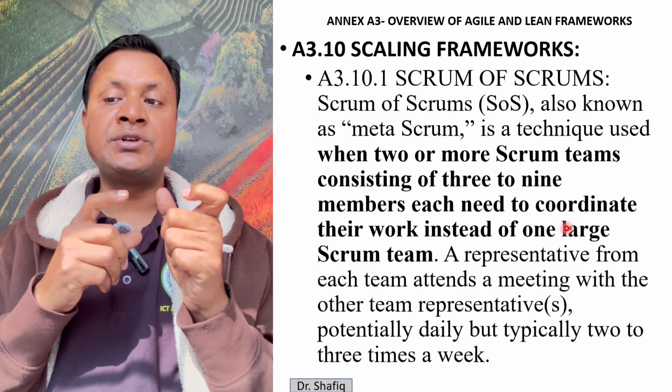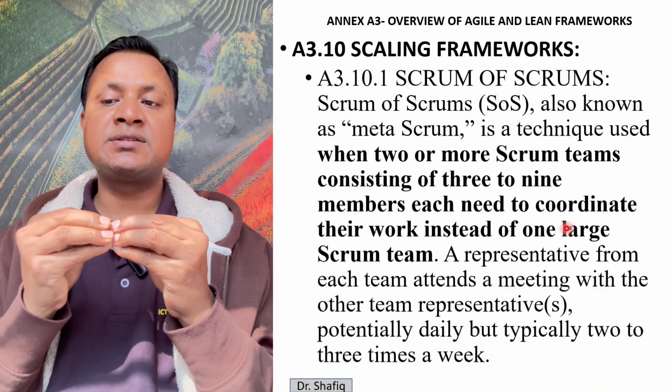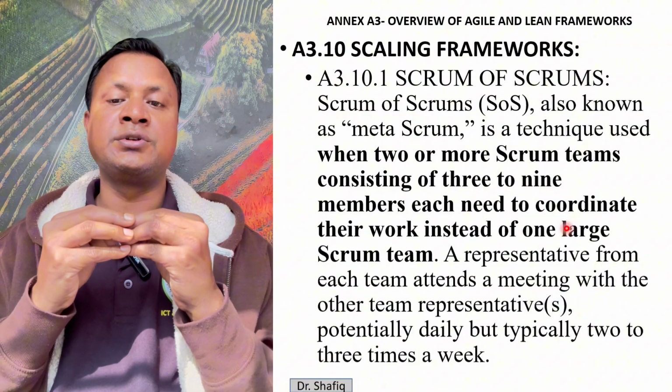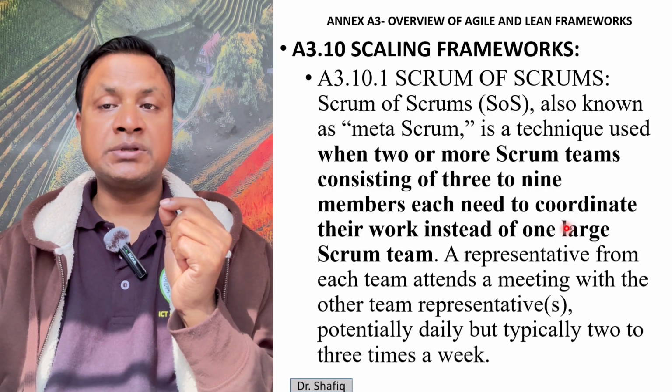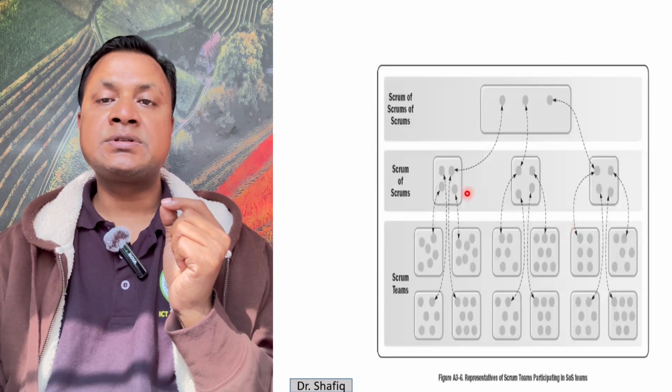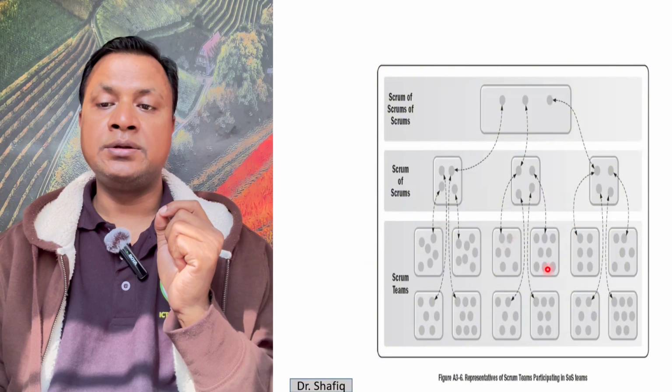So we have discussed Scrum. Here you will have many Scrums working separately and together connecting. A representative from each team attends a meeting with the other team representatives, potentially daily, but typically 2 or 3 times a week. So this slide can show you in an easier way.